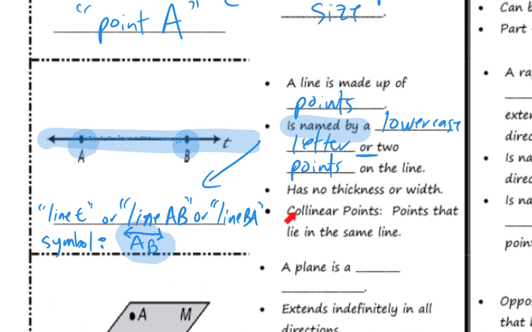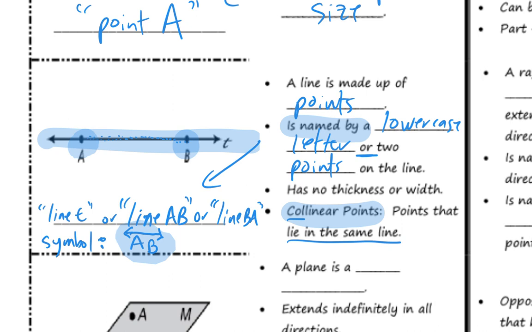It's using collinear points. This is another word, collinear. Co means with, so those are points that are on the same line. Point A and point B are collinear.